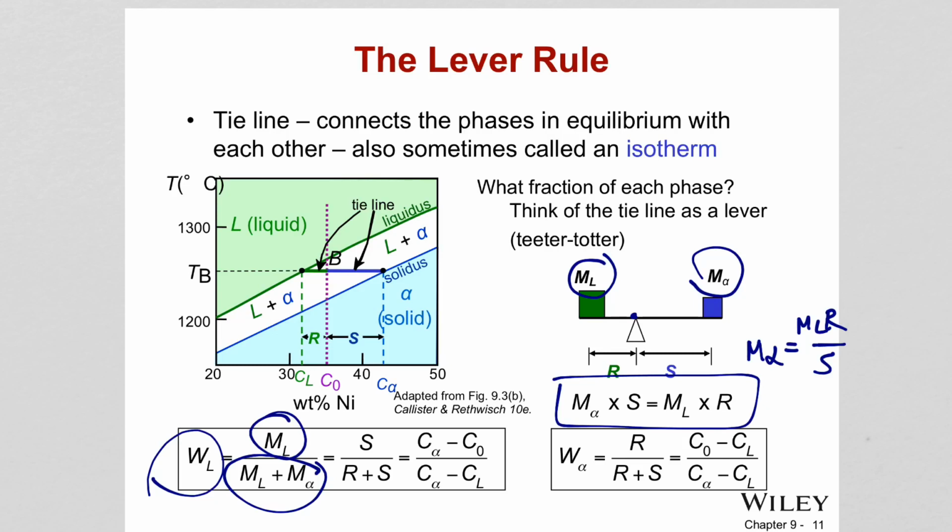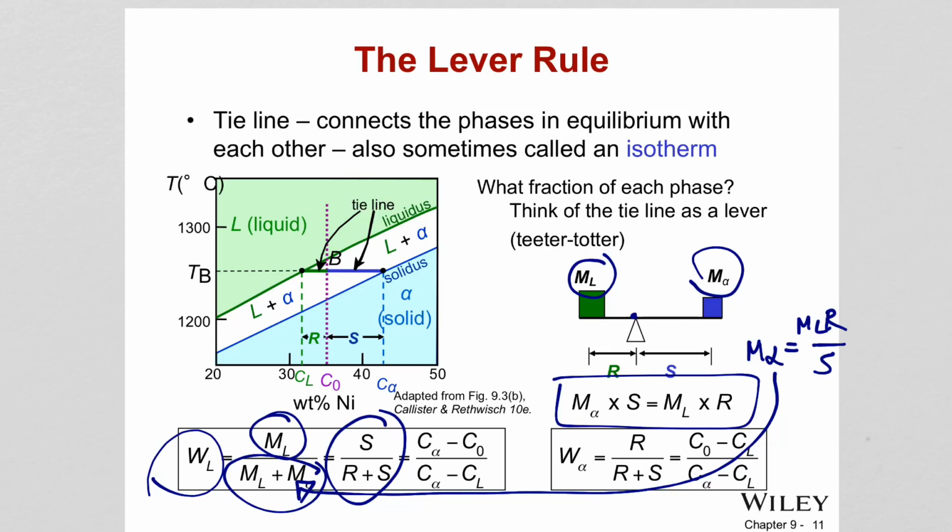So this is going to give us the weight fraction of the liquid phase. If you put this in here for M alpha, what you're going to see is it's going to give you S over R plus S.